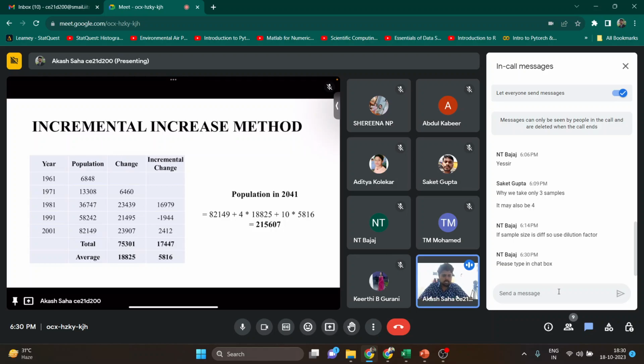Okay, I will just write it. The book name is just Environmental Engineering. The authors are Howard S. Peavy and Donald R. Rowe.